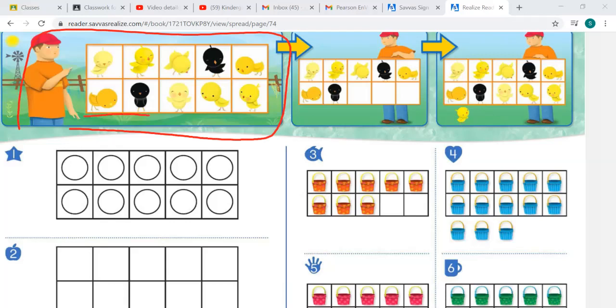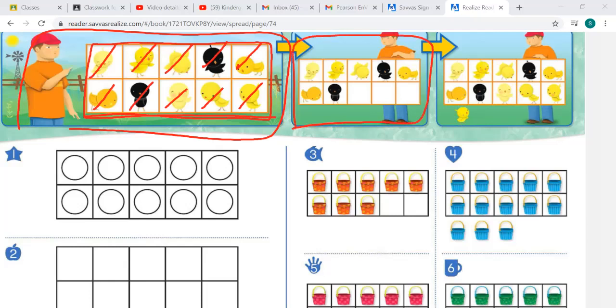So remember, a 10 frame holds 10 items when each square is filled up. So we can count to make sure. 1, 2, 3, 4, 5, 6, 7, 8, 9, 10. 10 chickens.